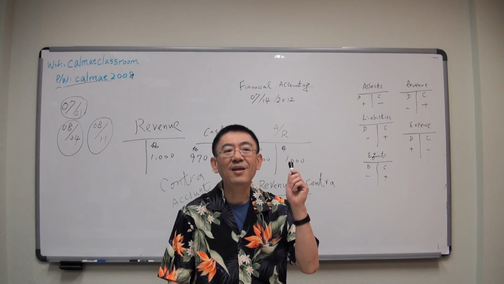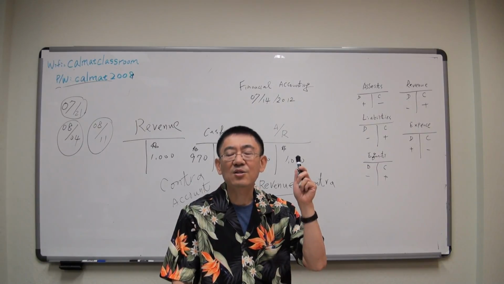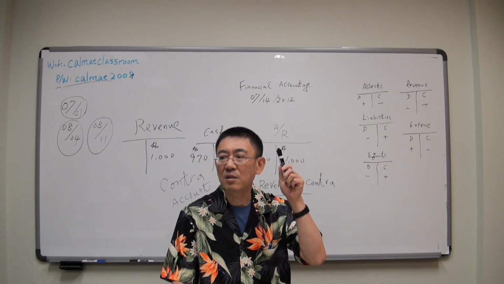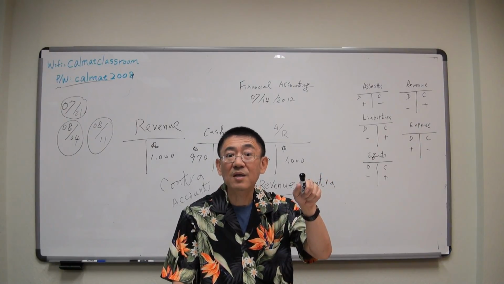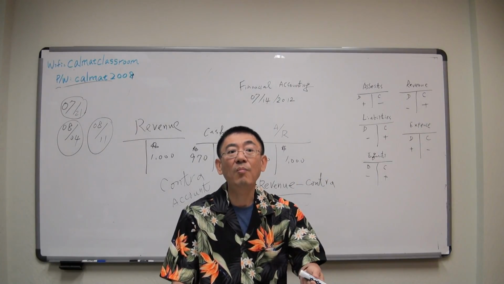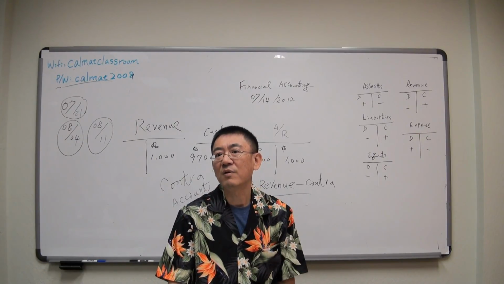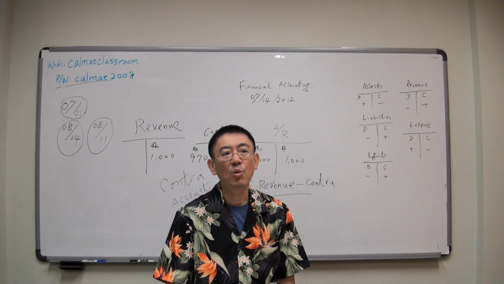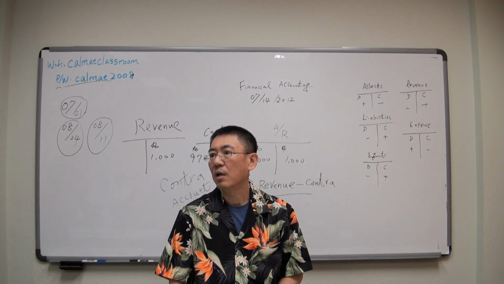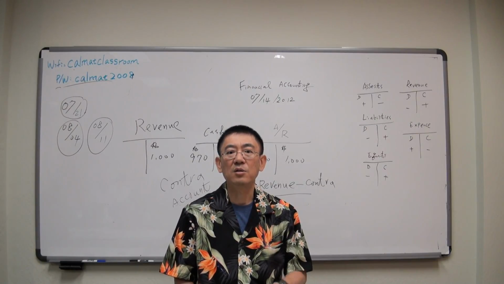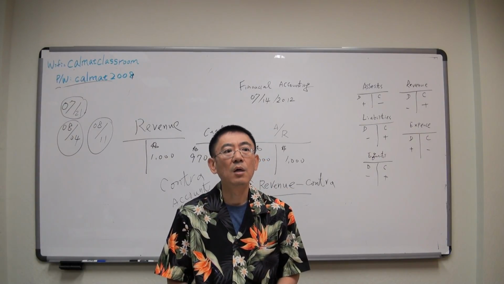We don't need to create the account named as profit, because as long as we've done the right job for revenue and expenses, the result comes out as either profit or loss by itself. So that's the reason why when we talk about accounting, we only talk about 5 categories and not include profit. There is no profit account, there is no loss account, because it is the end result.